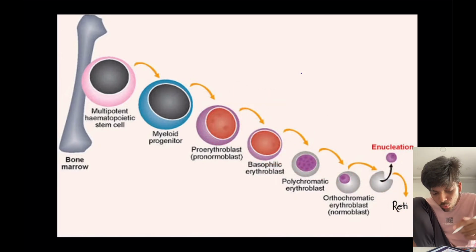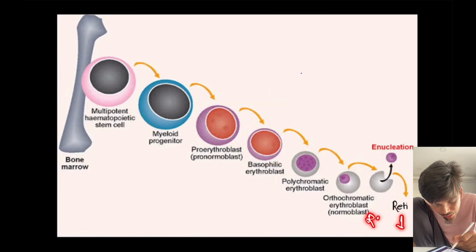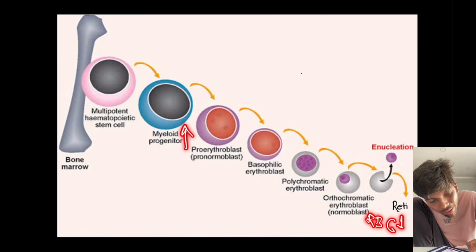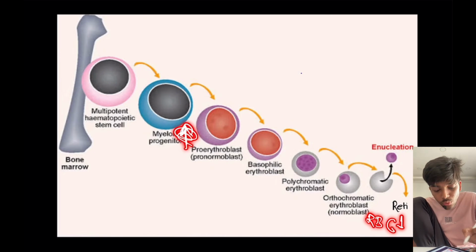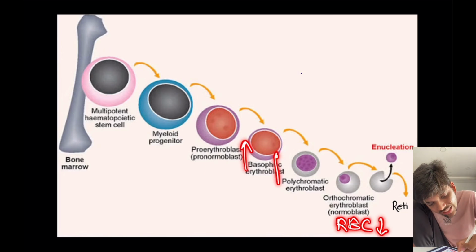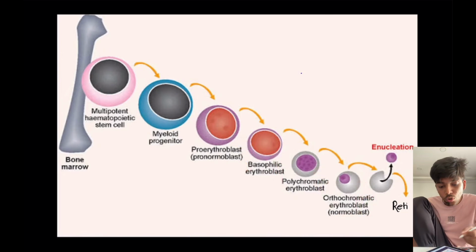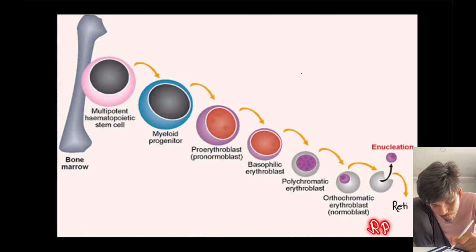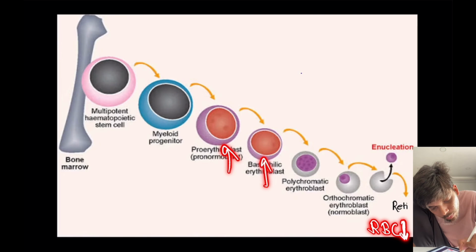So due to decrease in production of RBC, and decrease in number of RBC, there is increase in number of erythroid cells to compensate. See, RBC number is decreased, so the body makes more erythroid cells to increase RBC.